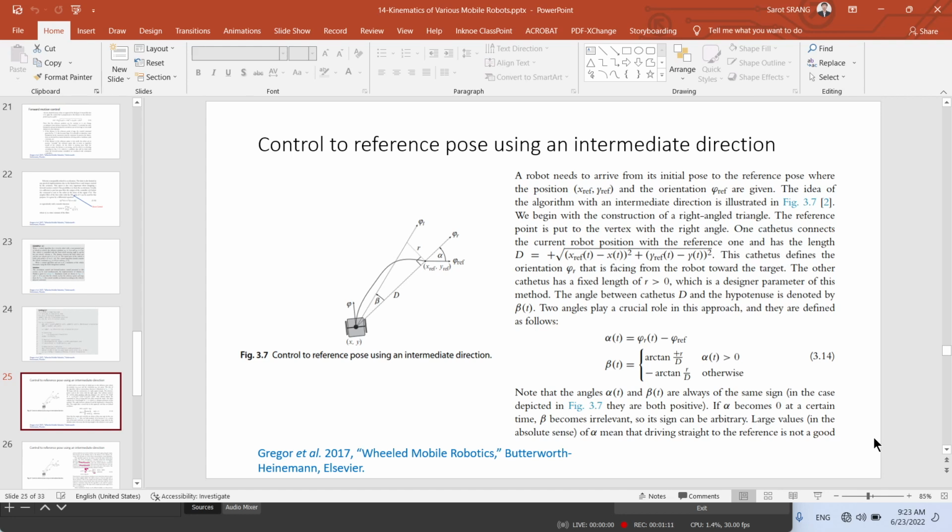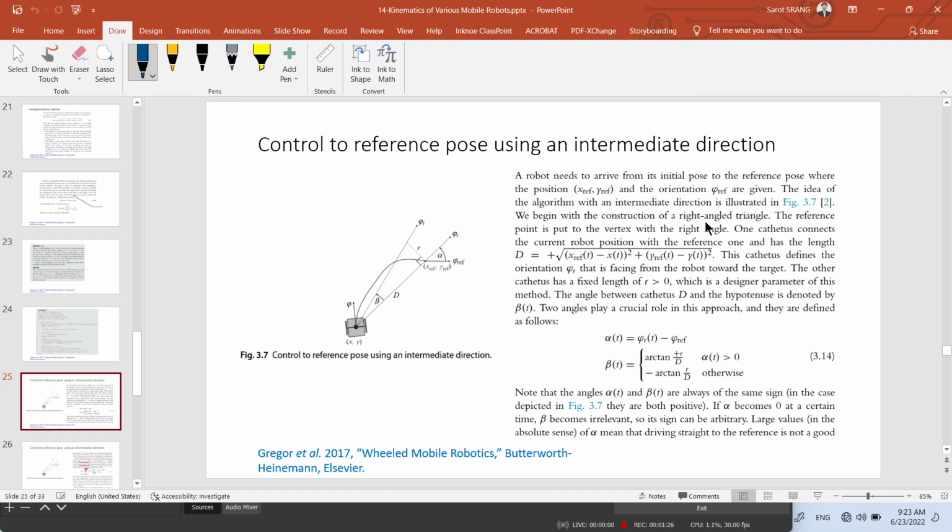The next method I'm going to introduce is control to a reference pose using an intermediate direction. First, look at the keyword here: direction represents the orientation of the robot at the desired position, at the goal.